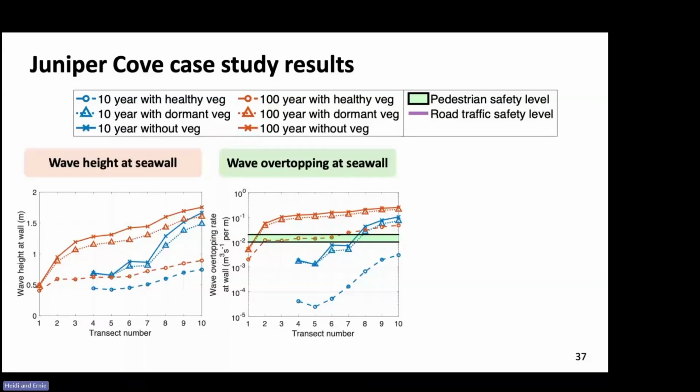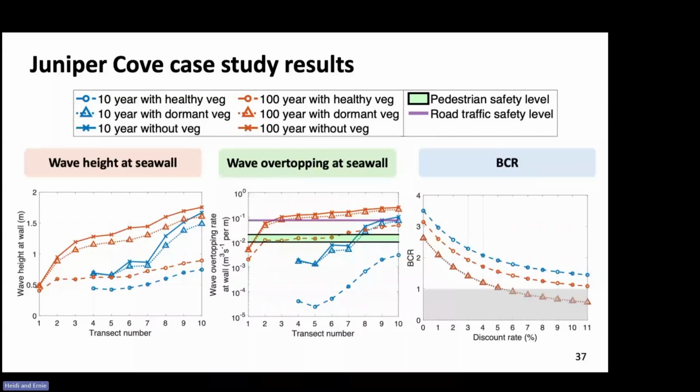The purple line is shaded for road traffic safety, which is where fire trucks or ambulance emergency vehicles need in order to safely drive through. And you can see that only cases with vegetation would satisfy these safety requirements.